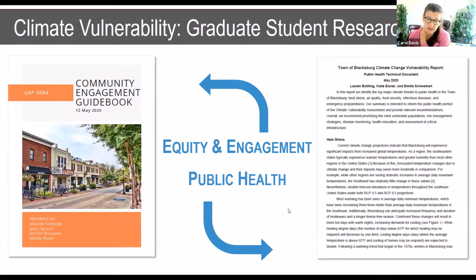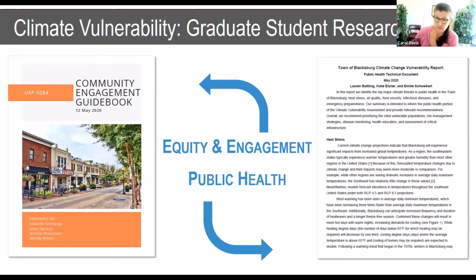I also was able to draw upon the wealth of graduate student researchers. Two groups in particular helped me devise a community engagement guidebook about how to engage the community around climate change with an equity lens, but also some really surprising findings.